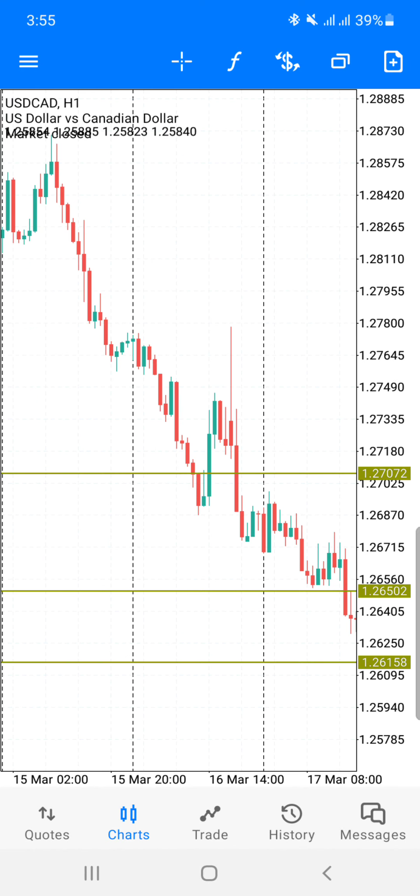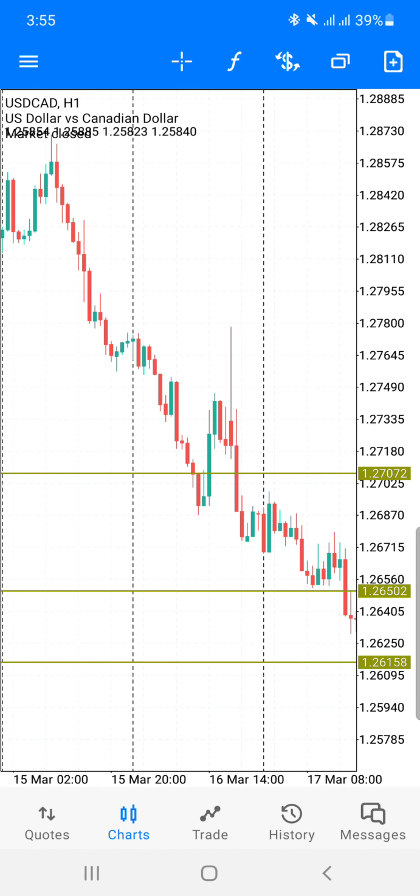So let me look for one last example for rejection candles. Okay, let's check another currency pair.